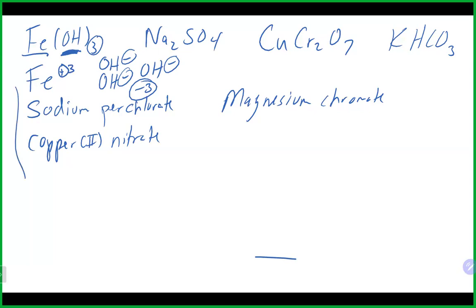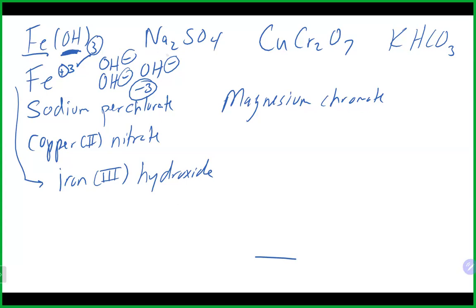I'll come down here. That will give us iron Roman numeral 3 once again for the charge, and hydroxide, the whole name of the polyatomic ion. Once again, it does not matter how many you have. You just simply use the name of the polyatomic ion. Question on that one there?